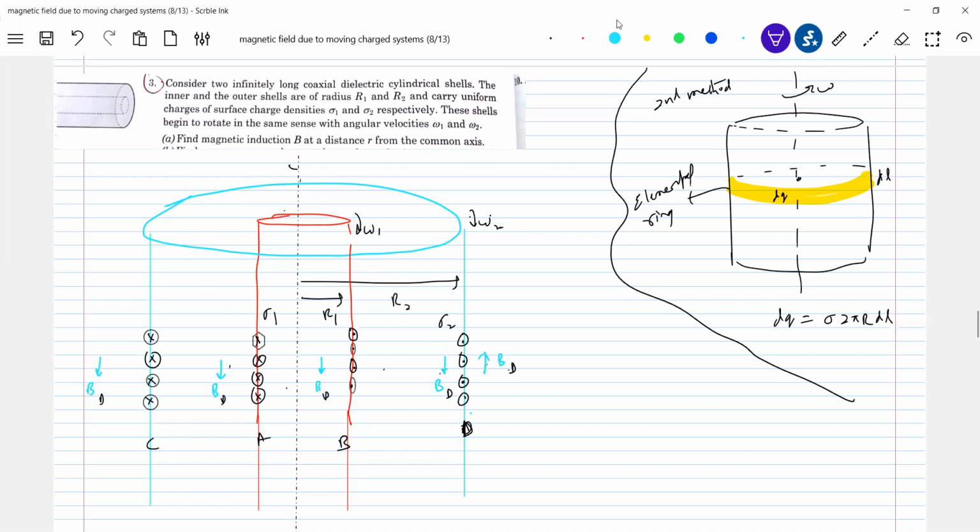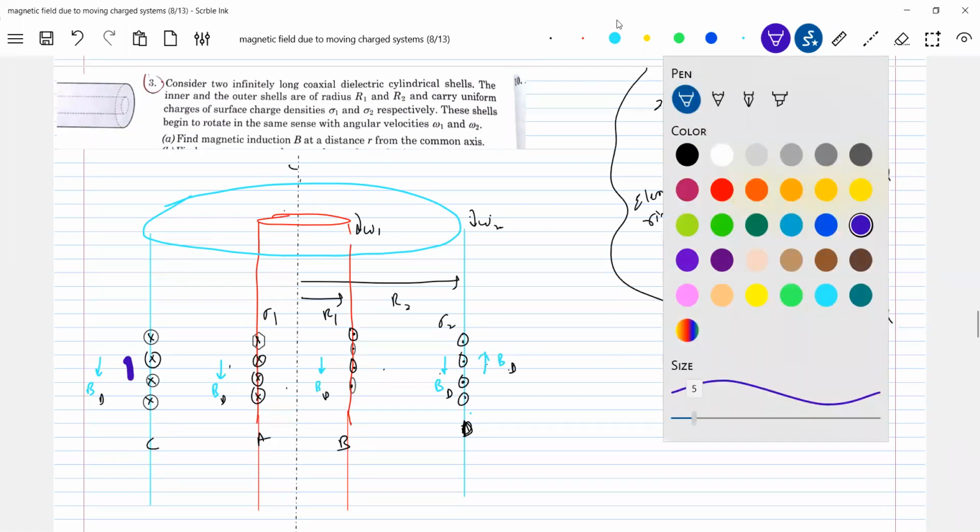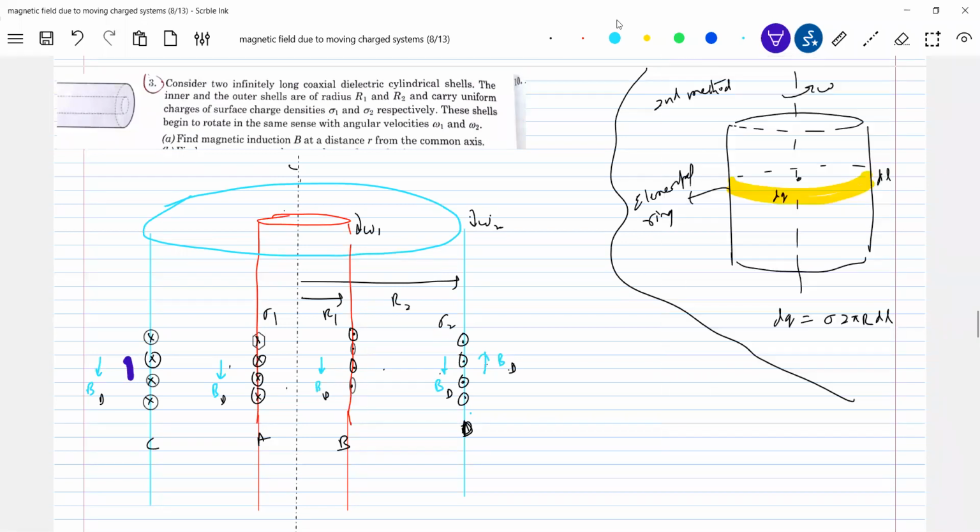Okay, fine. This is again similar: due to C, it will be here. Okay, no. So now due to A and B we will show it.